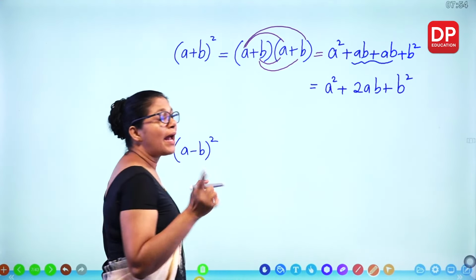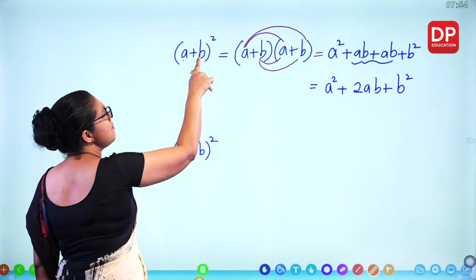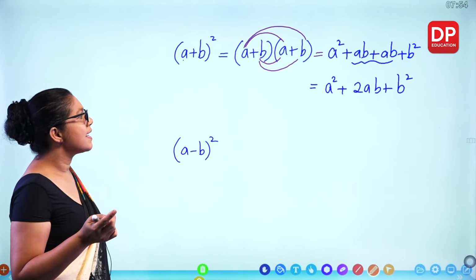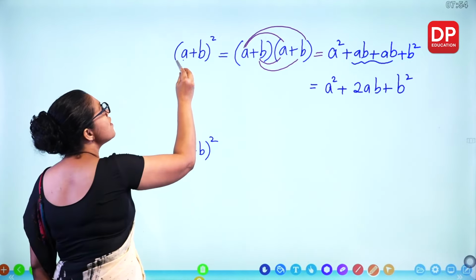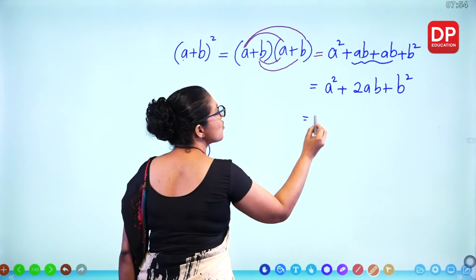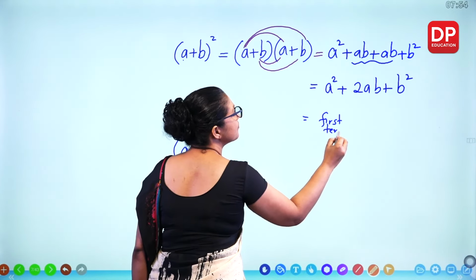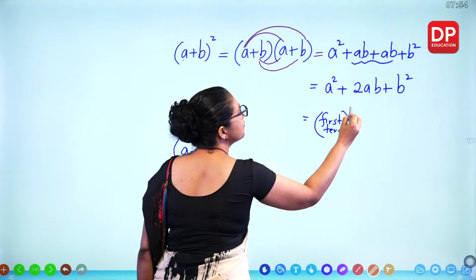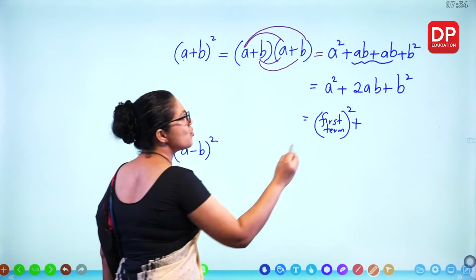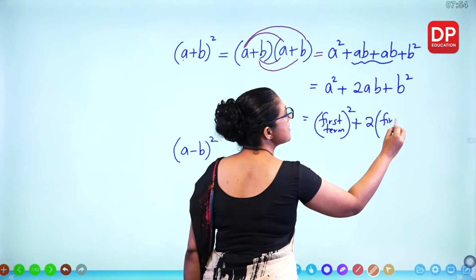So what's the pattern you see? This is the first term, this is the last term. First term squared you are getting here, plus 2 times first term and the last term.